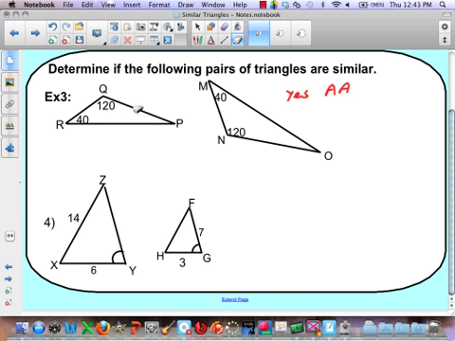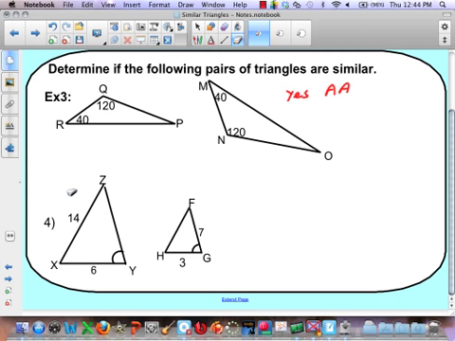Yes. No. Why not? Because their angles are the same, but the sides XY and HG are the same. FH, ZX, FG, and ZY or ZX are on the opposite sides.